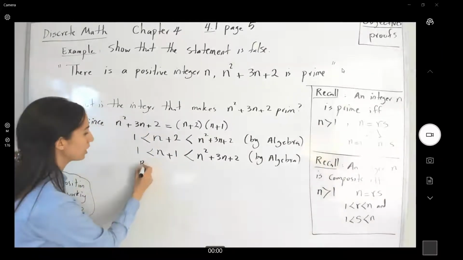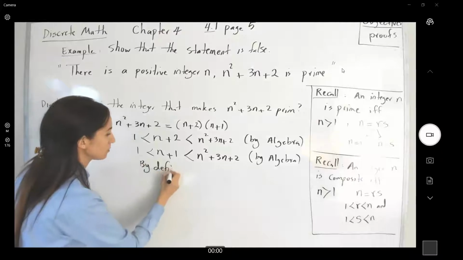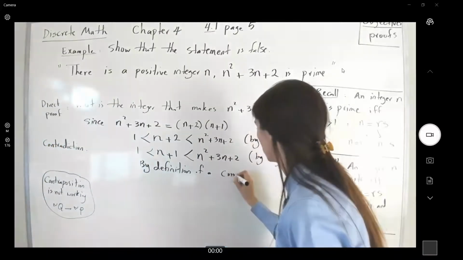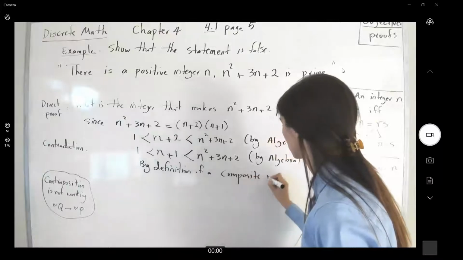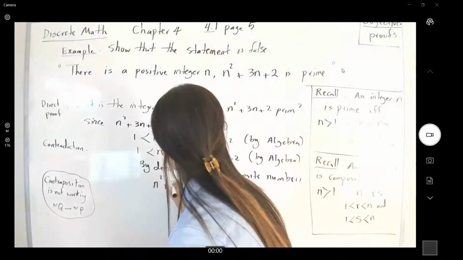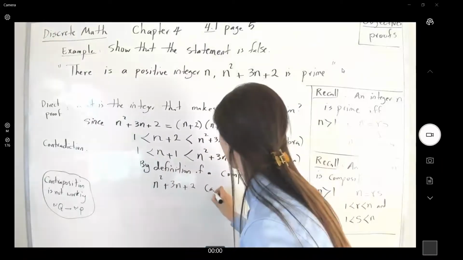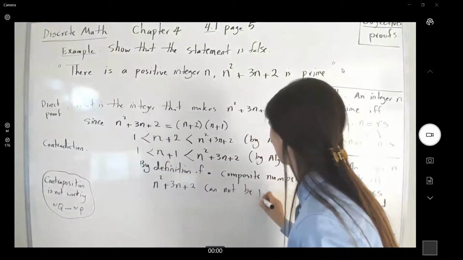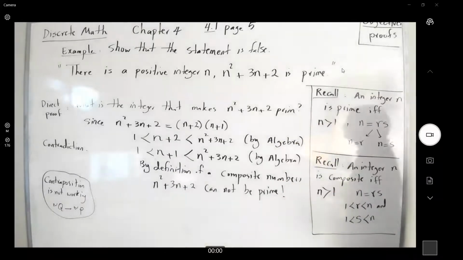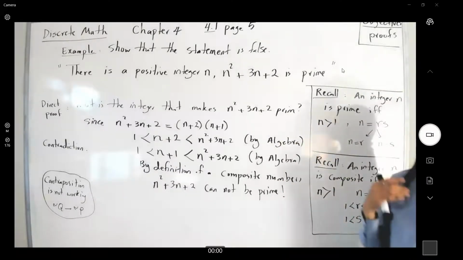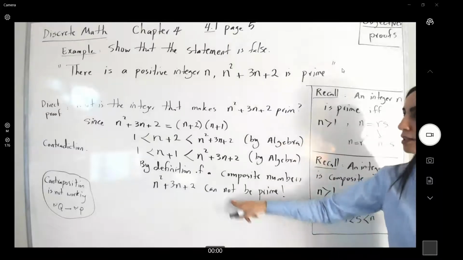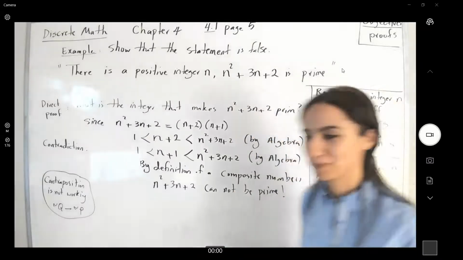So by definition of a composite number, n squared plus 3n plus 2 cannot be prime. If you take any arbitrarily chosen positive integer, this expression cannot be prime.